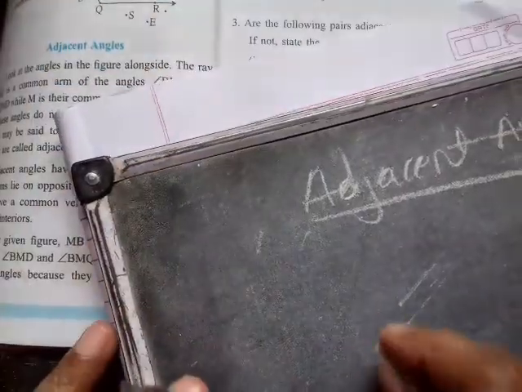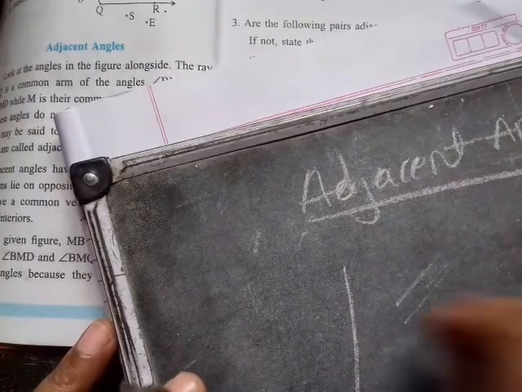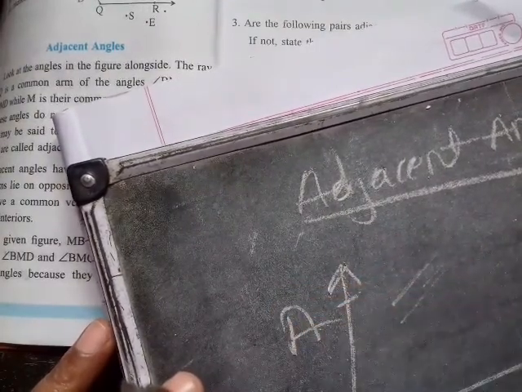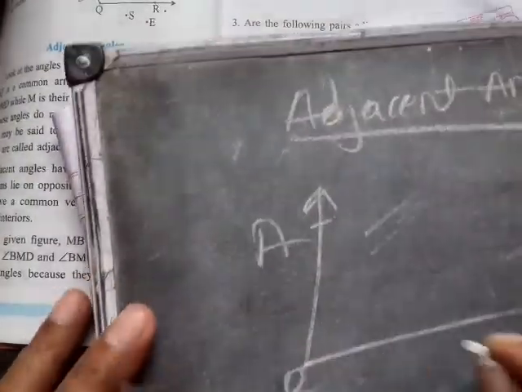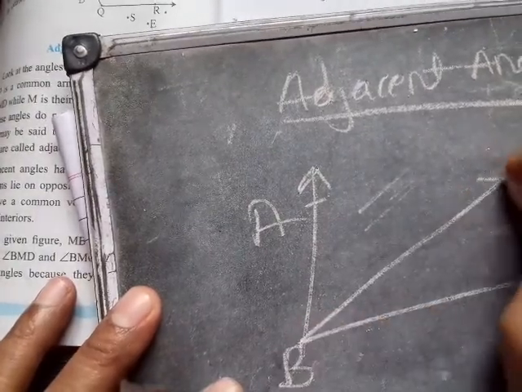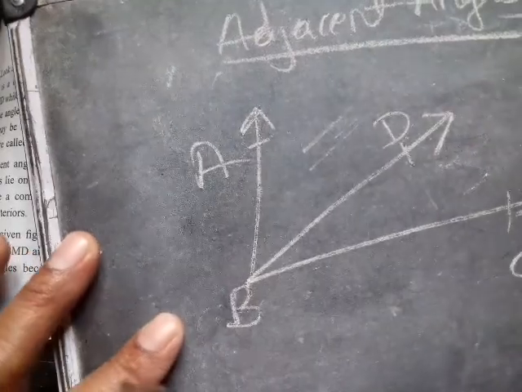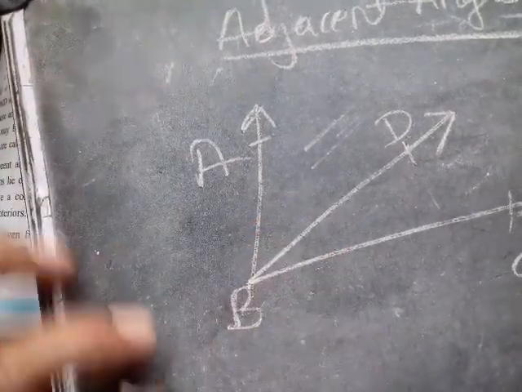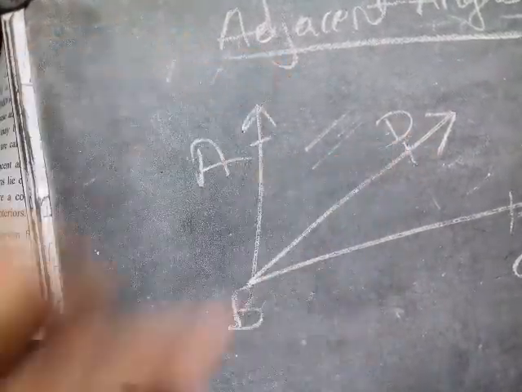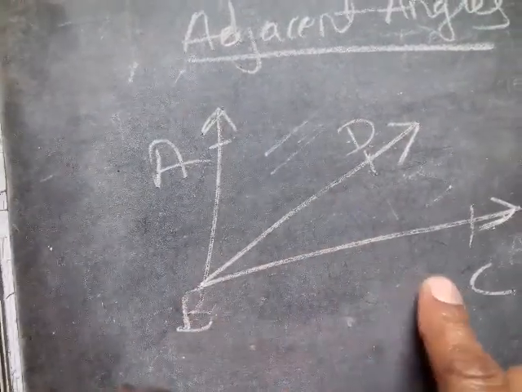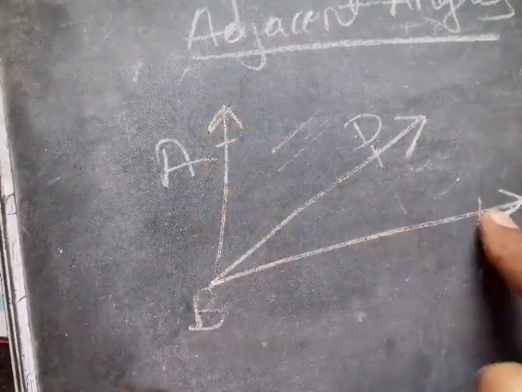Now see, suppose my angle ABC, and in that angle, if I draw one ray, suppose ray BD. You observe how many angles are there. One is ABD, second is DBC, and third is the complete ABC.